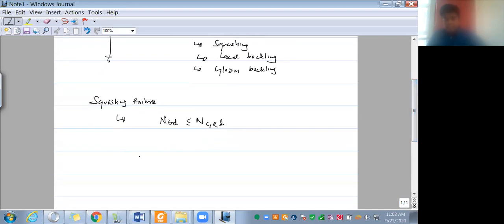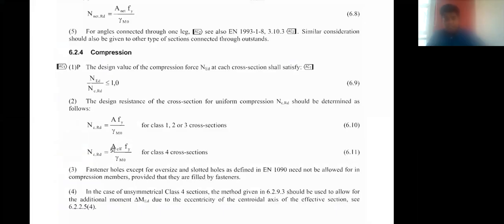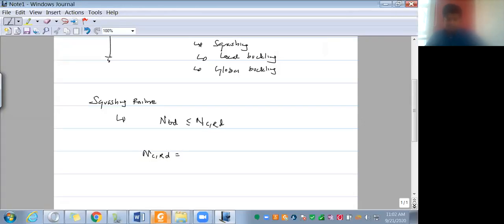NcRd is obtained from this equation: A into Fy over gamma M0 for class 1, 2, 3, and A effective into Fy over gamma M0 for class 4.